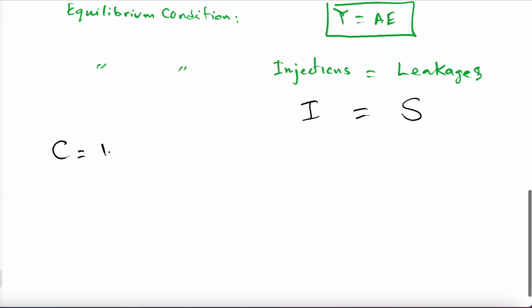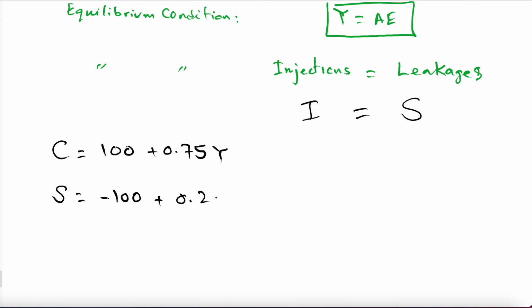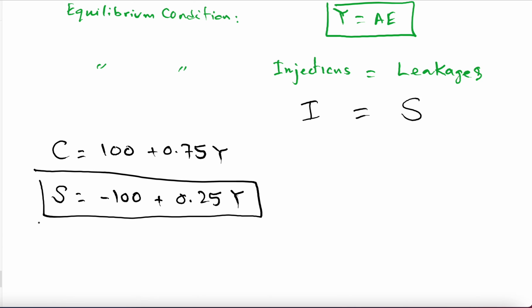So imagine that we had consumption equal to 100 plus 0.75 Y. What would be the S as the leakage? We already did it before. Remember, Y minus this, which was minus 100 plus 0.25 Y. We determined it before. And what is the investment?